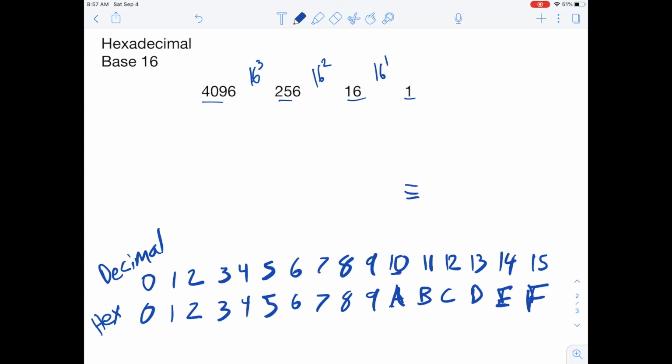Okay, so counting with hex, we are going to have 0, 1, 2, 3, 4, 5, 6, 7, 8, 9, 10, 11, 12, 13, 14, 15. When we get to 15, next one comes over to the 16th place. Then we have 0, 1, 2, 3, 4, 5, 6, 7, 8, 9, 10, 11, 12, 13, 14, 15.